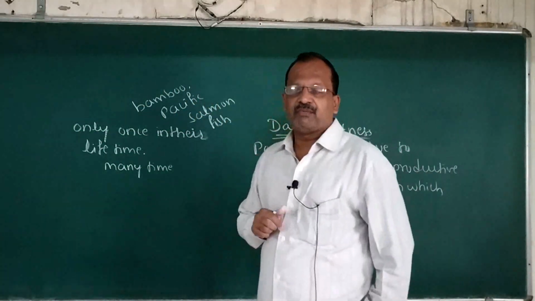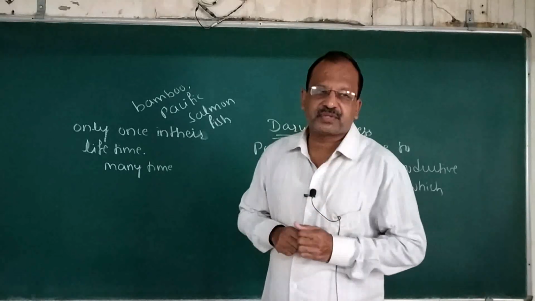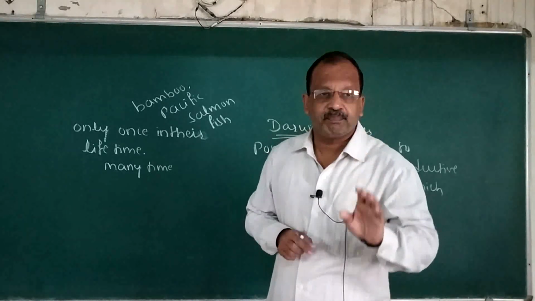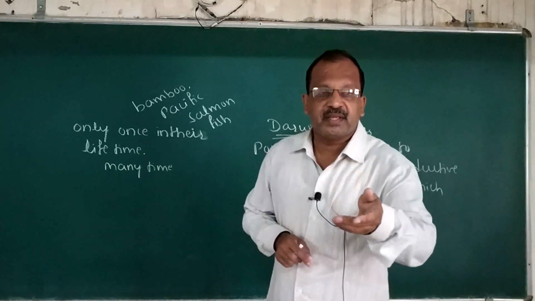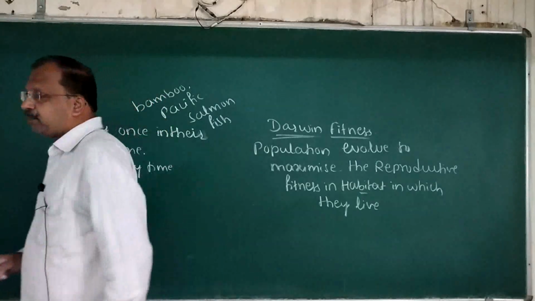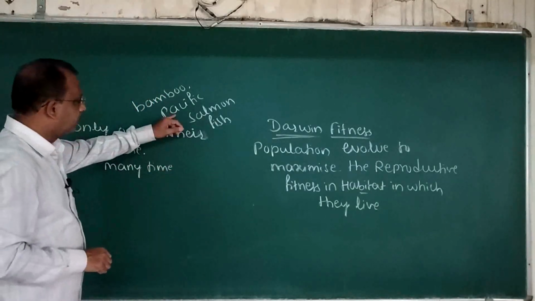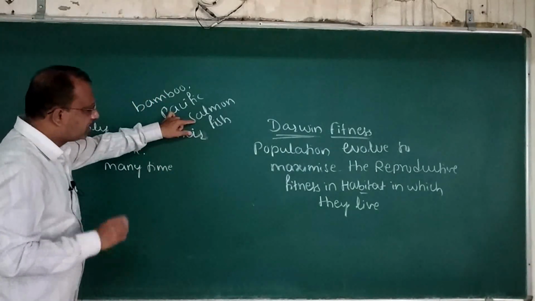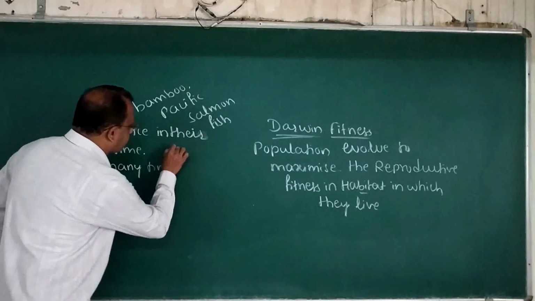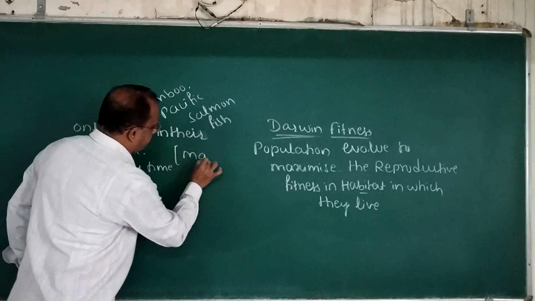It produces flowers only once in its lifetime, generally after 50 to 100 years. Another related example is Pacific salmon fish. So many times we have already come across many examples, including mammals.